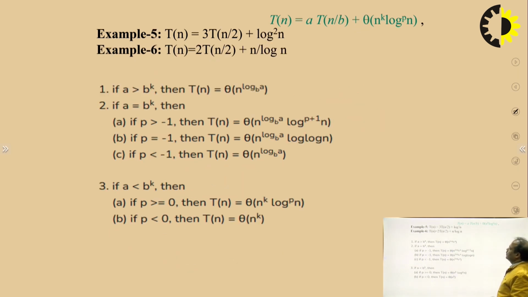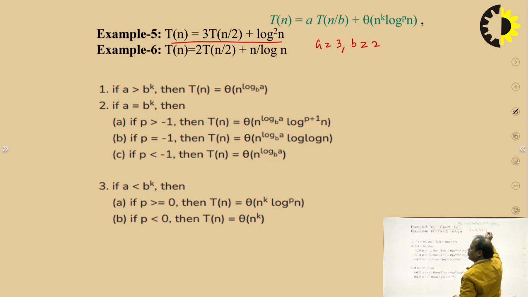Let's have another example. Now a is 3 and b is 2, p is 2 here, and k is 0.